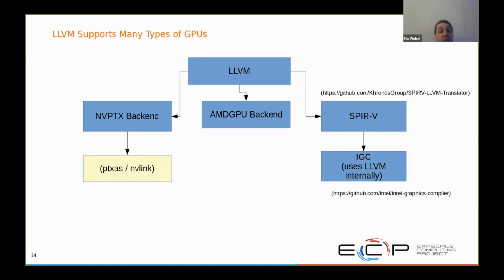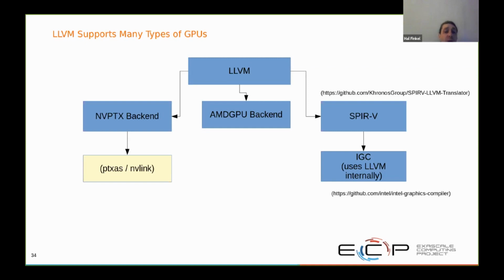The LLVM ecosystem has support for compilation targeting many different GPUs. NVIDIA GPUs were probably the first. There's the NVPTX backend within LLVM, and that converts LLVM-IR into the PTX assembly code for NVIDIA GPUs that then gets processed by NVIDIA's proprietary tools.